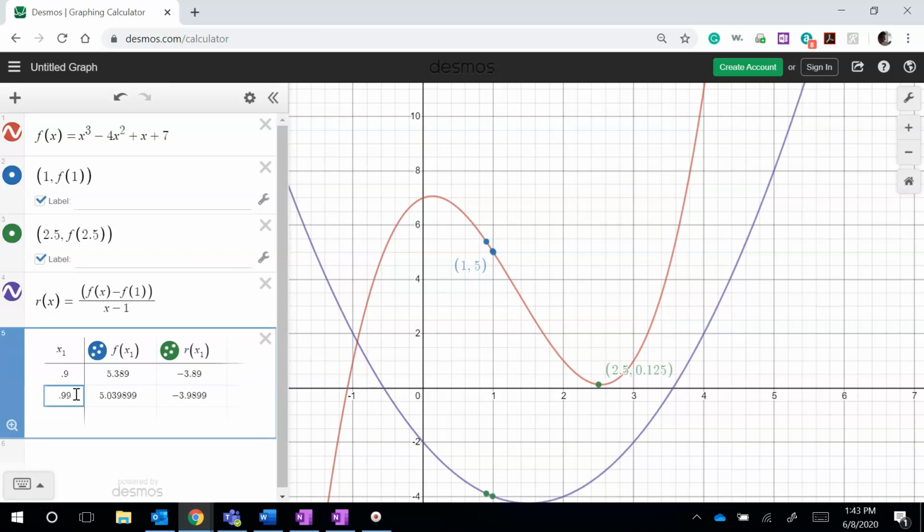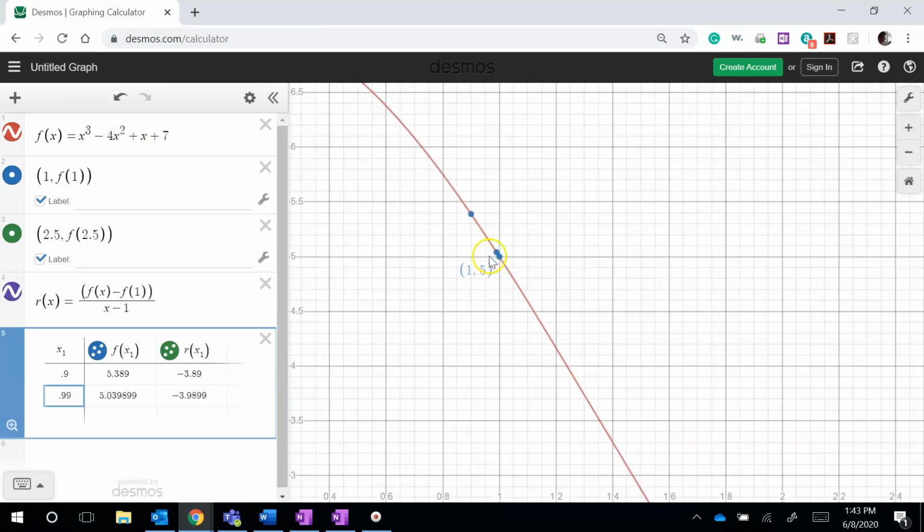There, again, if I zoom way in on this, at 0.99, it's at 5.04. It's actually a little bit more. Desmos is truncating on the graph, but it's giving me a pretty good approximation here. And I get this average rate of change. It's going down 0.039899 meters in 1/100th of a second for an average rate of change of this.